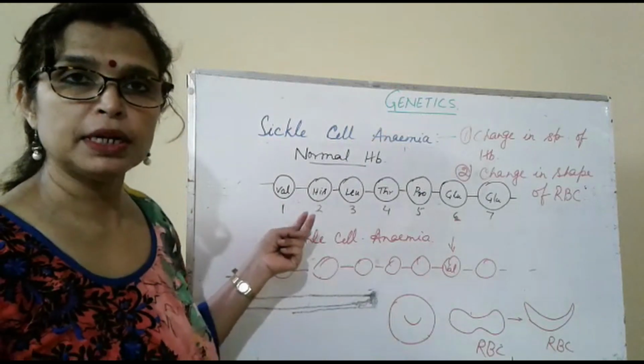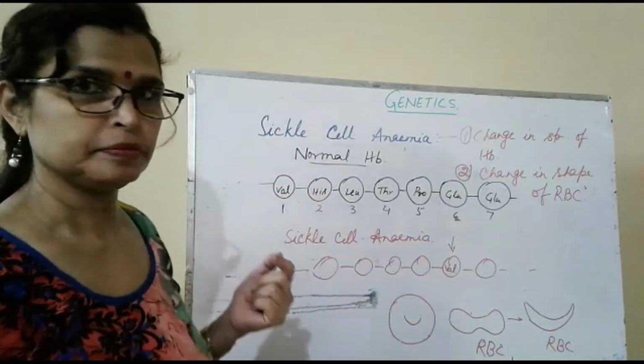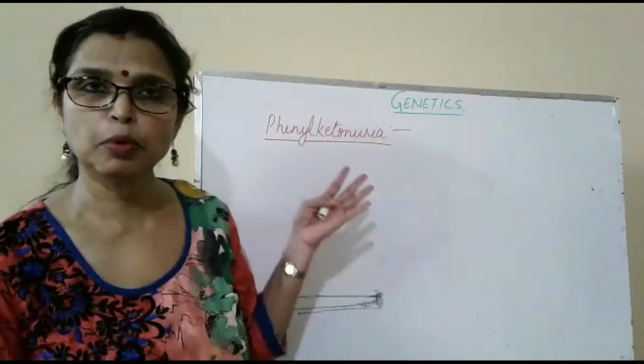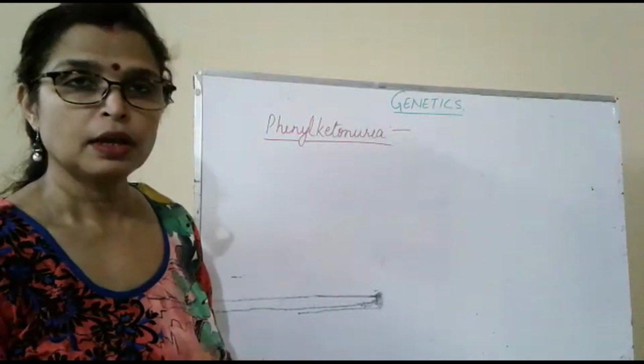Now the next example is phenylketonuria. Phenylketonuria is an inborn metabolic disorder.